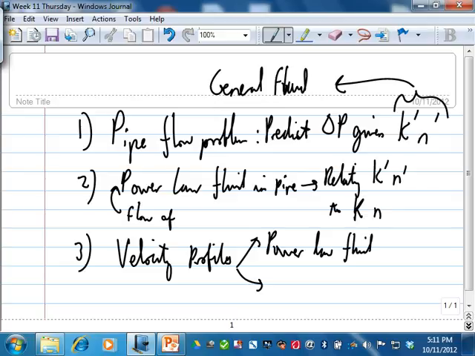Velocity profiles for power law fluid and Bingham plastic. Okay? So that's our plan today.